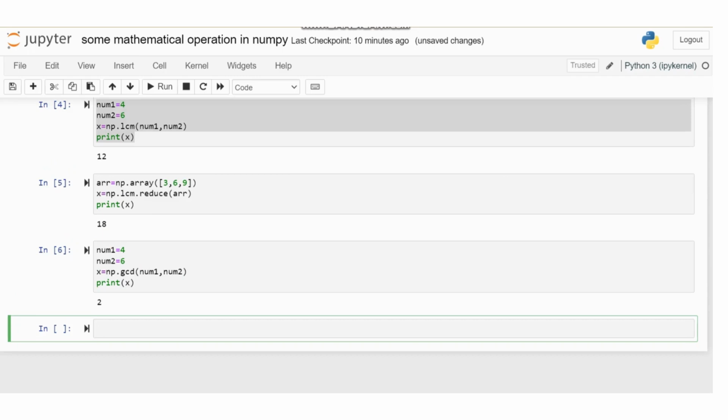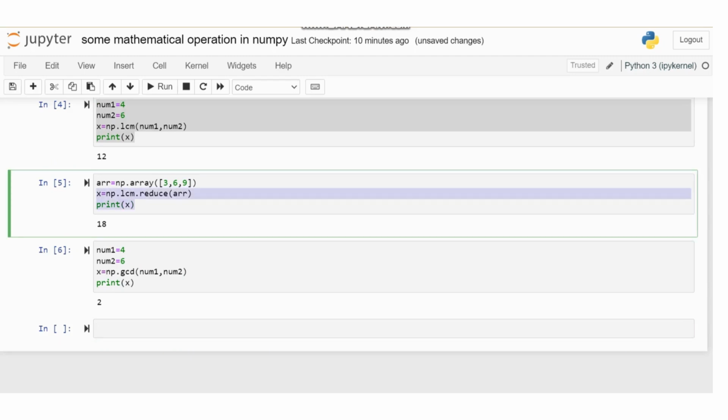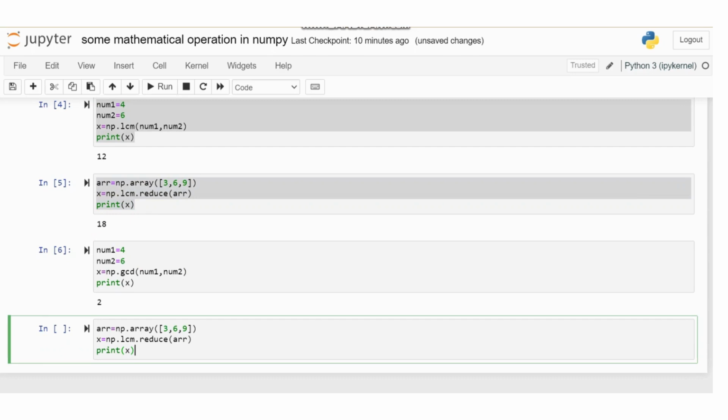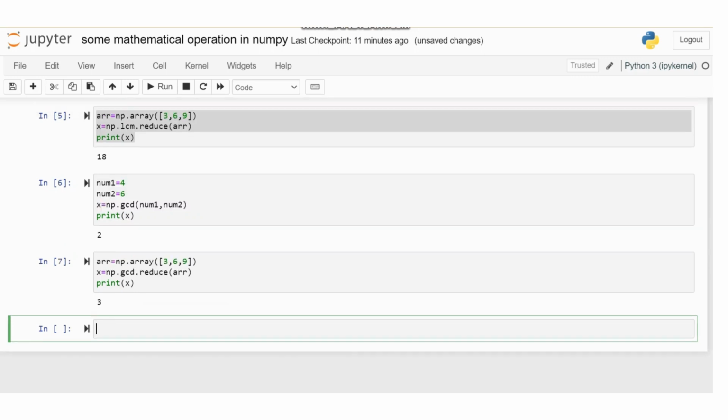The reduce method is also used to calculate the GCD of the elements of an array. The GCD of the given array is 3.